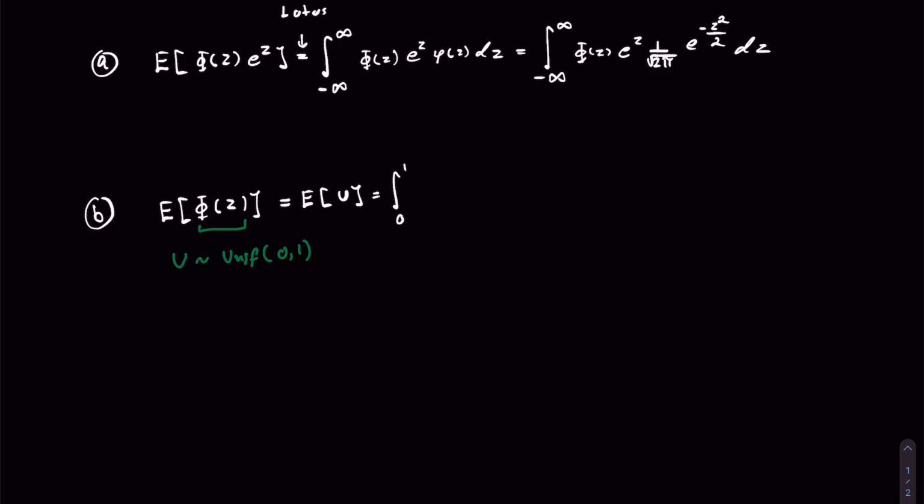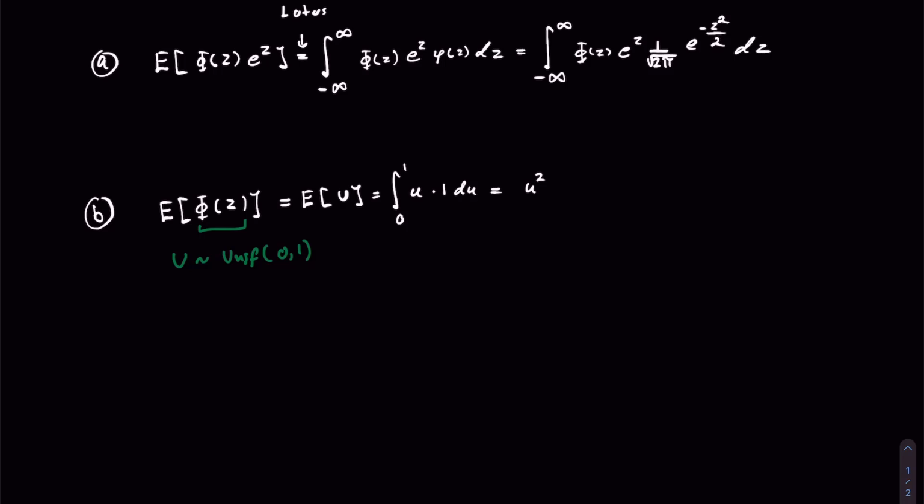Now we're left to solve a rather simple integral by just stating basically that we have little u here, and then the PDF of u is just 1, and then we integrate over this u variable.